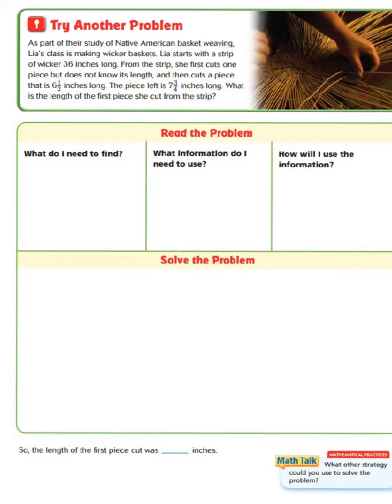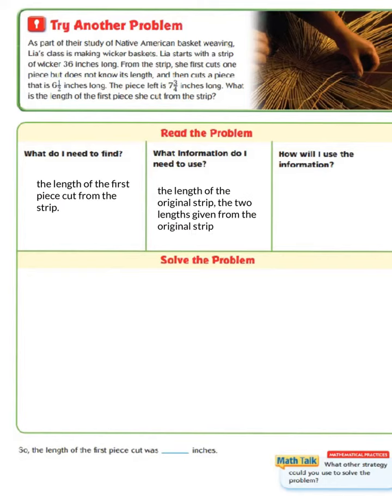So it starts with, what do I need to find? Well, we need to find the length of the first piece cut from the strip. Now, what information do I need to use? Well, we need to use the length of the original strip, which was 36 inches long, and the two lengths given from the original strip, which were 6 1/2 inches and 7 3/4 inches.